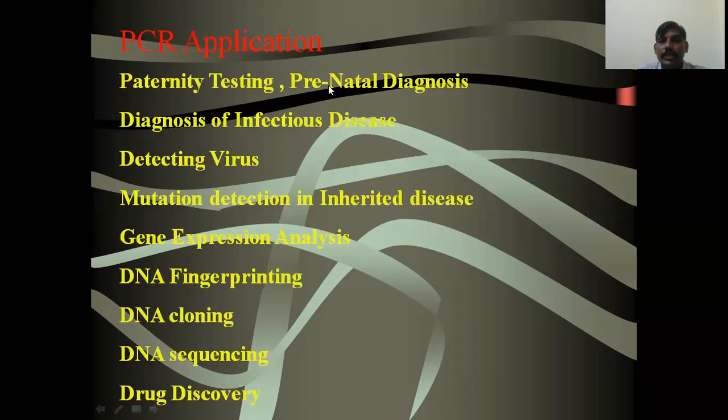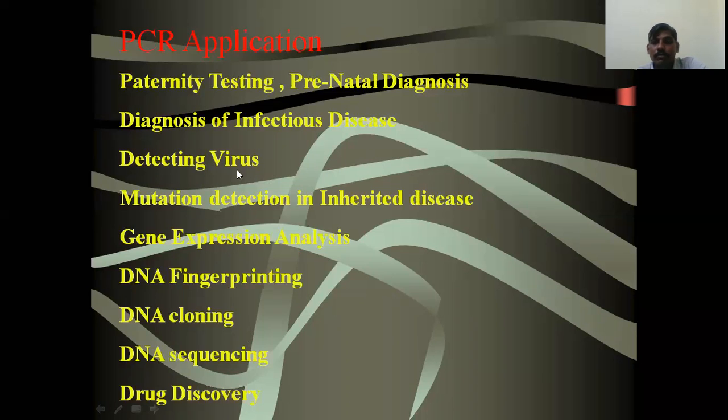In this way, paternity testing is one application, and another is the diagnosis of infectious diseases. Sometimes diseases are caused by different types of microorganisms. So by diagnosis, we find which organism is responsible for the formation of disease. And detecting viruses, for example, retroviruses, HIV, and now COVID-19, swine flu.